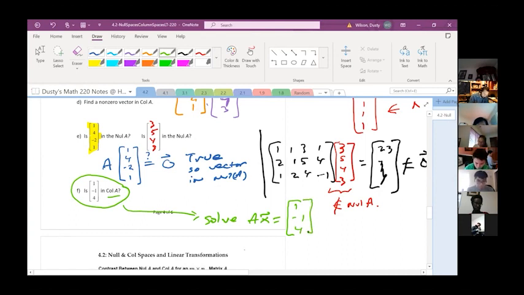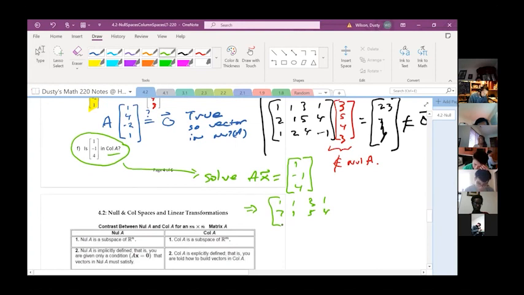So this would be like taking your matrix 1, 1, 3, 1, 2, 1, 5, 4, 1, 2, 4, -1, and augmenting with 1, -1, 4.